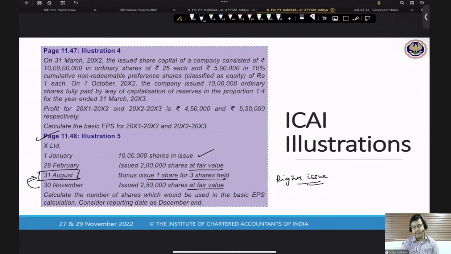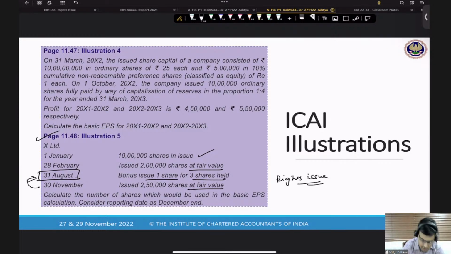So can I say that in the case of bonus, it is pretty much clear that all the bonus shares are without consideration? That is clear to us. In the case of a rights issue, I am issuing my shares below the fair value. That means whatever shares are added to my capital structure, a particular percentage is without consideration and some percentage is at fair value.